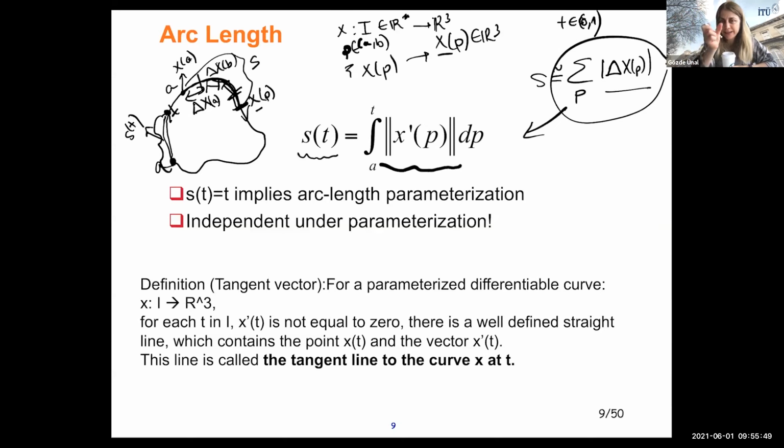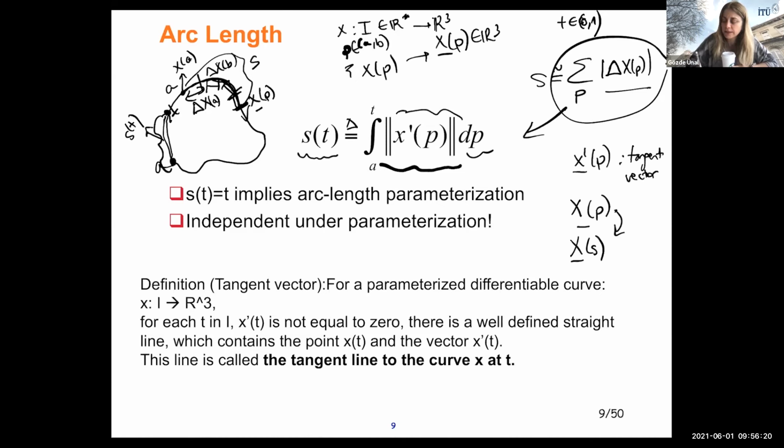This delta x is actually the magnitude of the first derivative, x prime of P. So x prime is the tangent vector. I just integrate from A to t over P, with dP, and this is the definition of arc length. And if you parameterize your curve, instead of x of P, now go to a new parameterization, x of S.